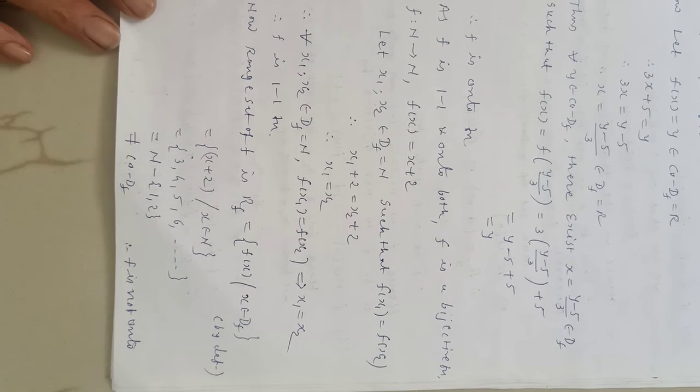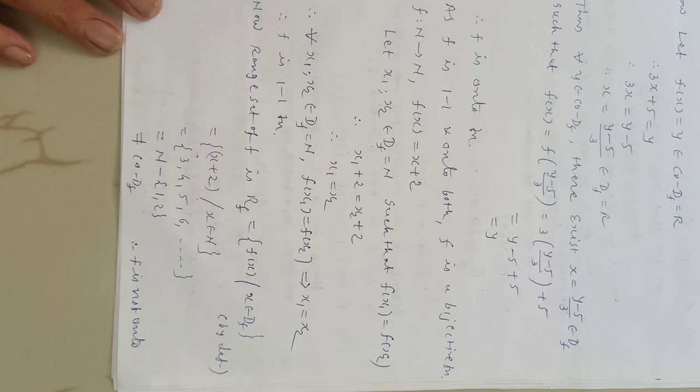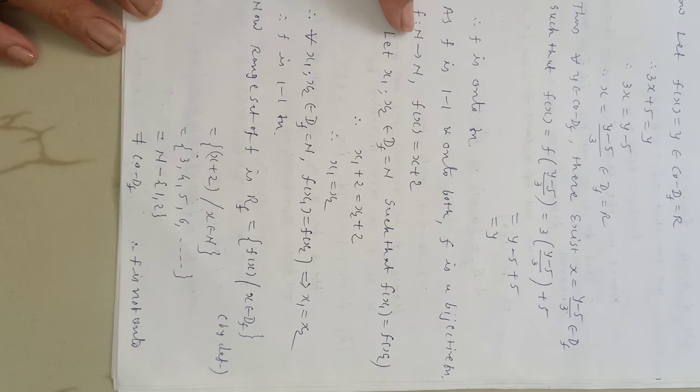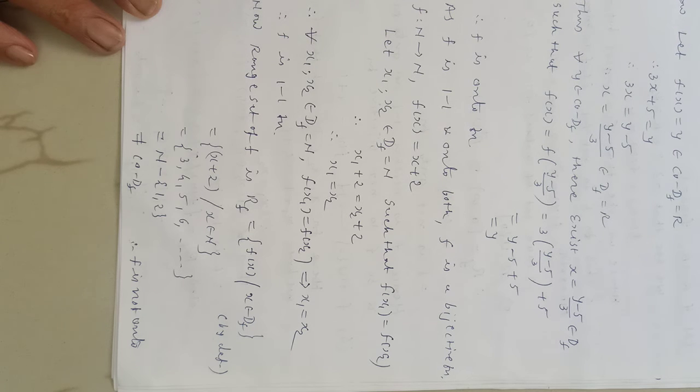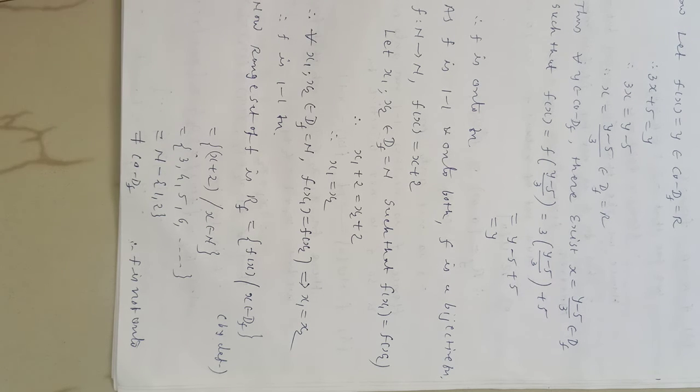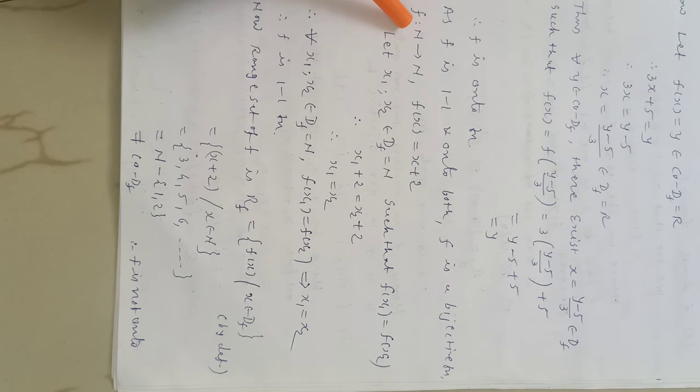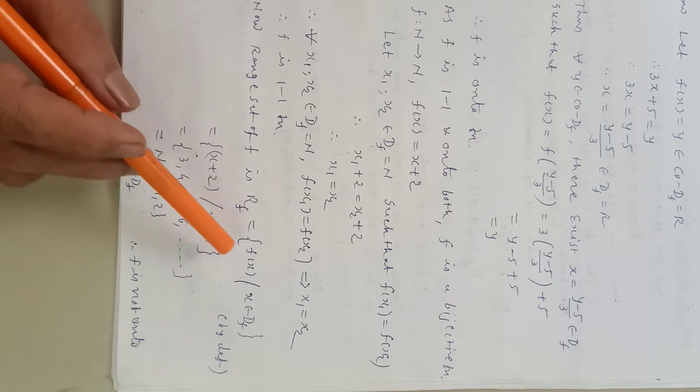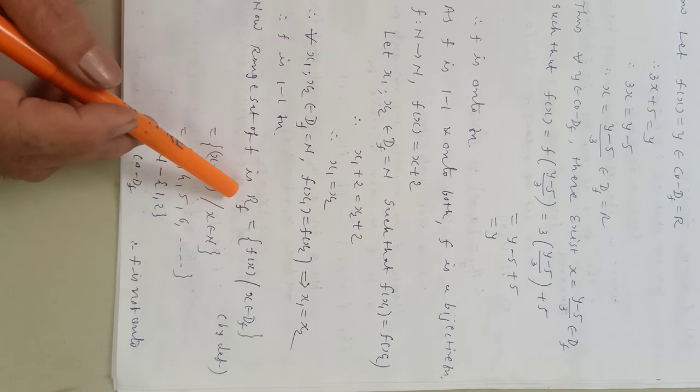Clear? And now we check for onto. Before discussing onto, remember what I told you earlier: whenever the domain of f has N or Z, you directly go for the range of f and check whether range f equals codomain f or not. If it does, then we say it is onto, otherwise not. So here we find the range of function f, because the domain set of f is N, the counting numbers 1, 2, 3, 4 and so on. So Rf equals, what is the range definition?